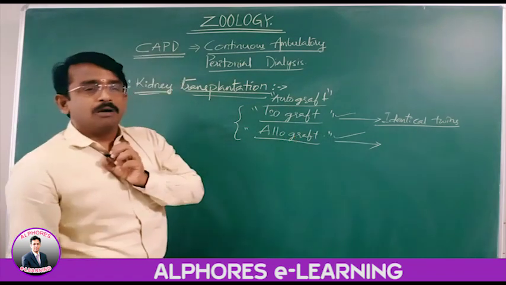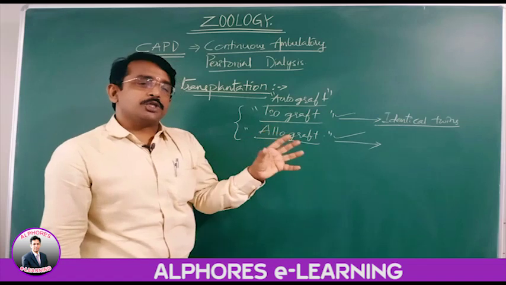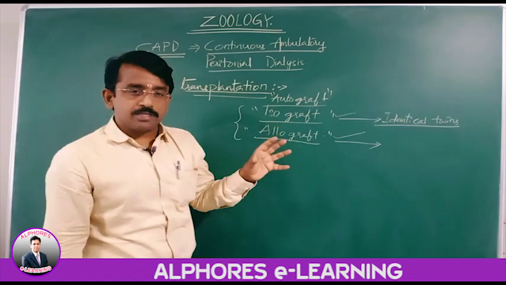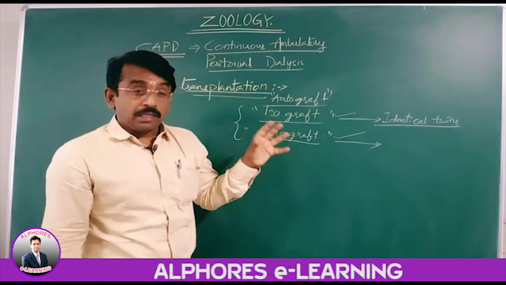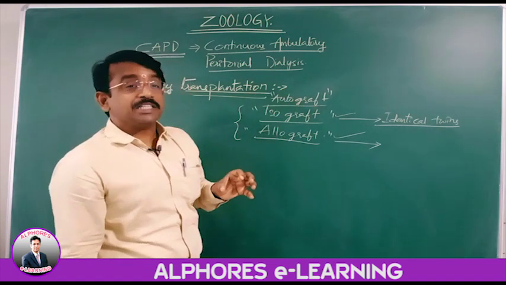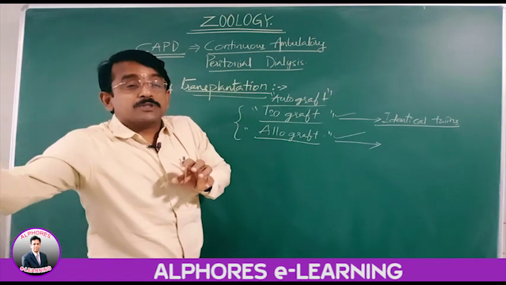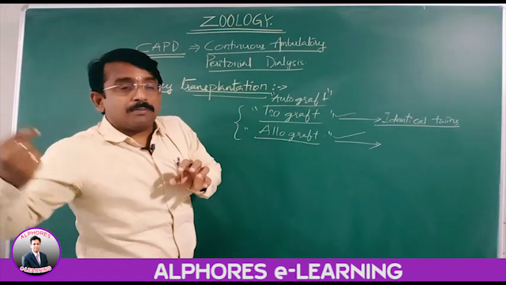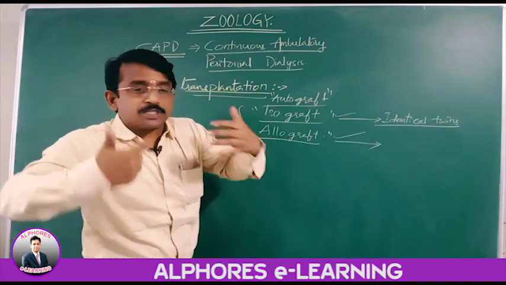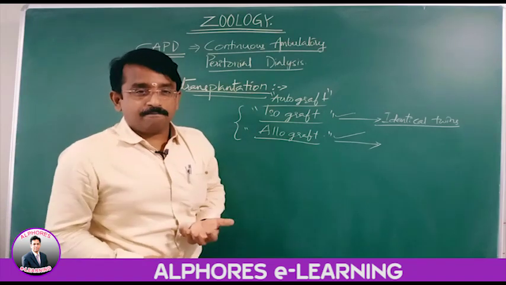One more point to be seen: in spite of tissue matching and blood group matching, the chances of rejection reactions are also there. Rejection reaction means, for example, if we are exposed to a foreign particle like dust, we start responding with sneezing, snorting, cough.